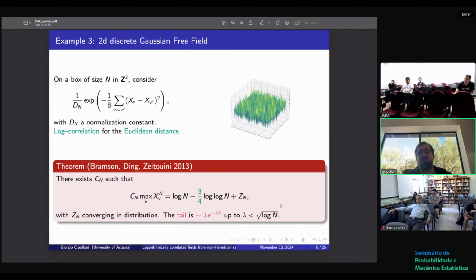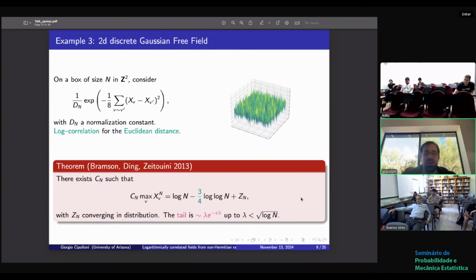For instance, if you have independent Gaussians, then the fluctuation of the maximum will be Gumbel. One can associate Gumbel with independence, basically, if the tail is light enough. Instead here, as an effect of this correlation, one gets a different tail behavior, which is again expected to be universal.